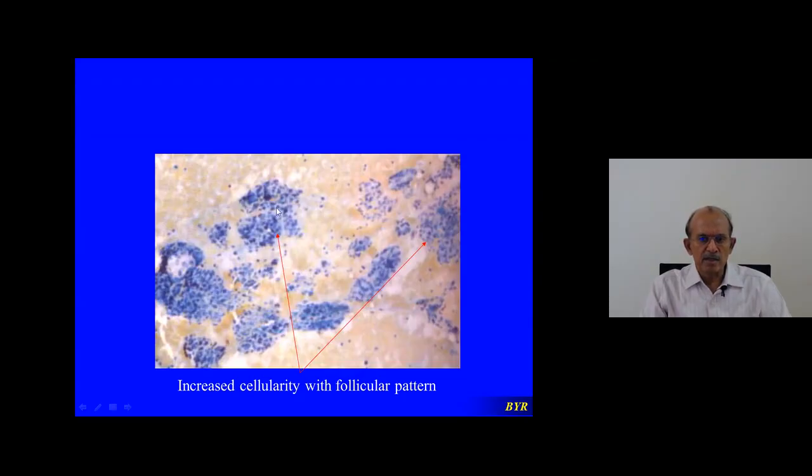Whenever you see such arrangement, you call this a follicular neoplasm. By looking at these cells, can you say whether it is follicular carcinoma or follicular adenoma?